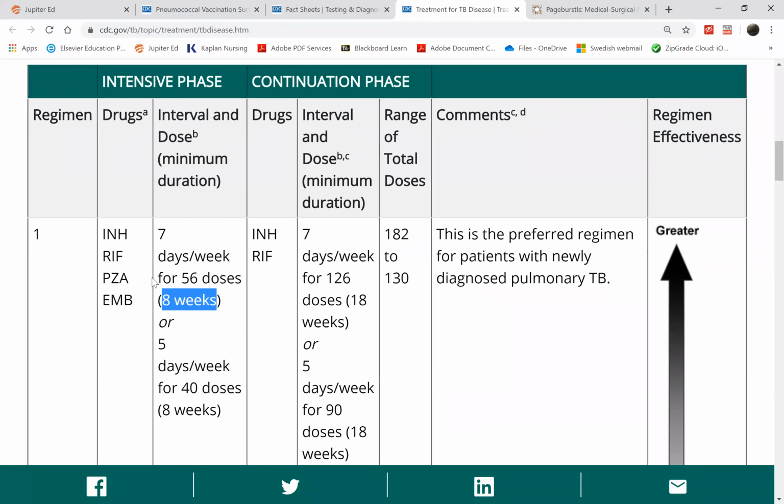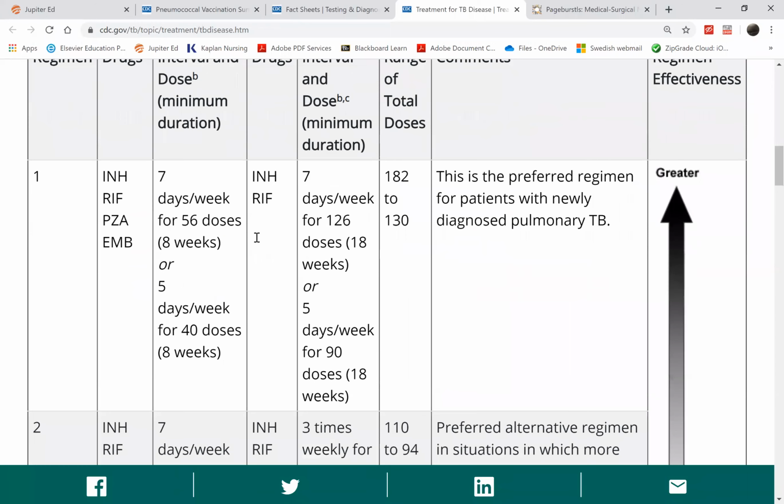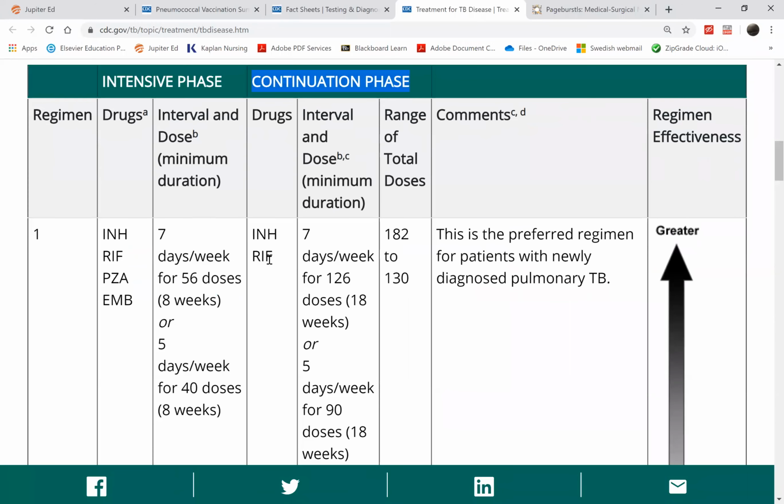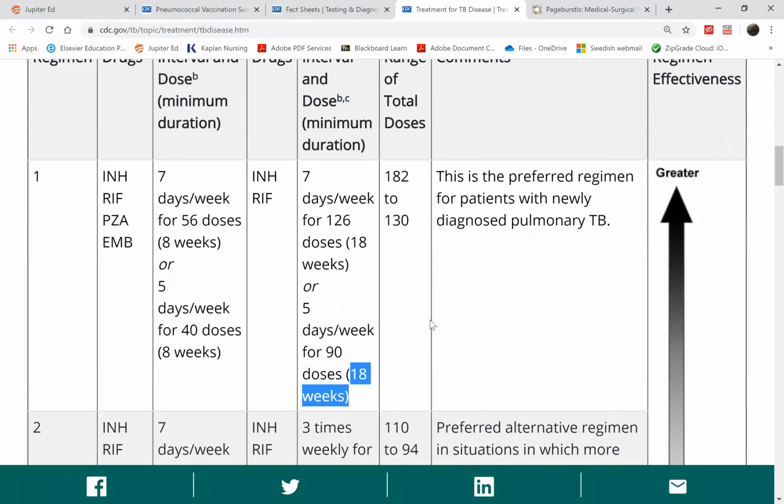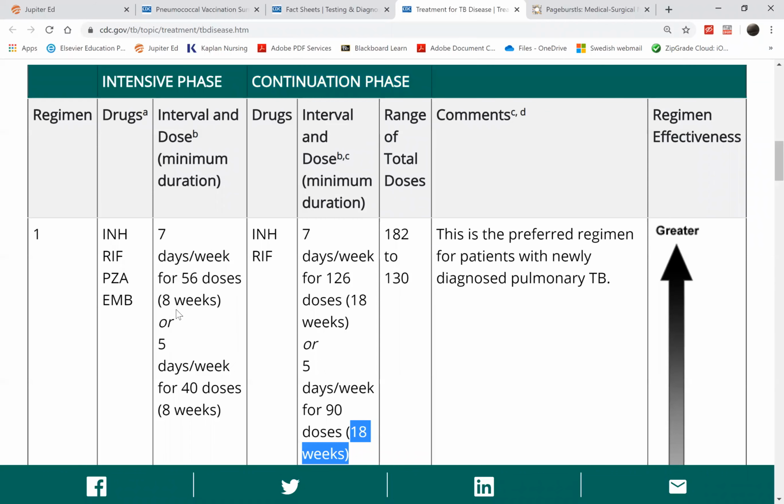So for 8 weeks, the patient gets 4 drugs. After that, in the continuation phase, you're down to 2 drugs, INH and rifampin, for another how long? Another 18 weeks. Again, 8 plus 18 is 26 weeks, so that's about 6.5 months, but it's not that bad.